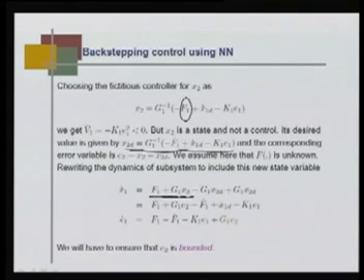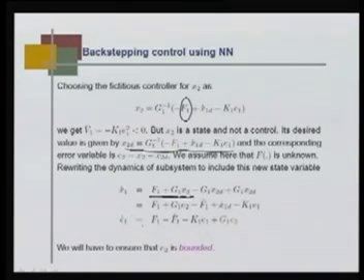By doing that, I get x1 dot is f1 plus g1 e2 minus f1 hat plus x1 desired dot minus k1 e1. k1 is simply a positive constant here.